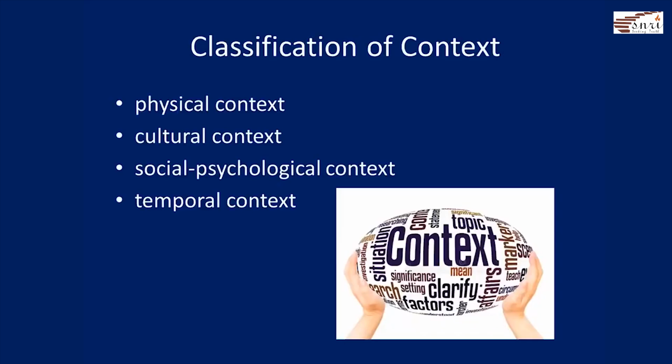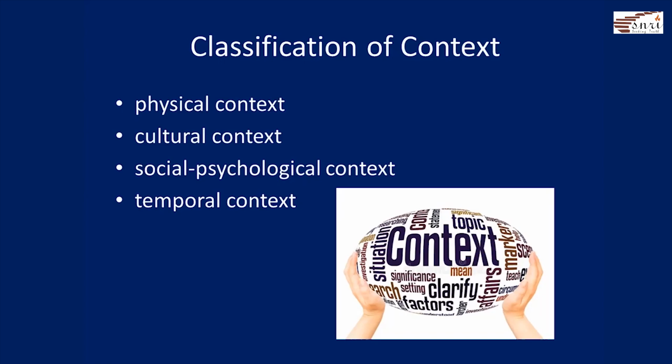Now we see that context is regarded as an indispensable element of communication, and this enables individuals to take into account certain essential attributes. Every place has its own rules, and these rules tend to influence the communication process. So context plays a very important role in what is communicated and how it is communicated.